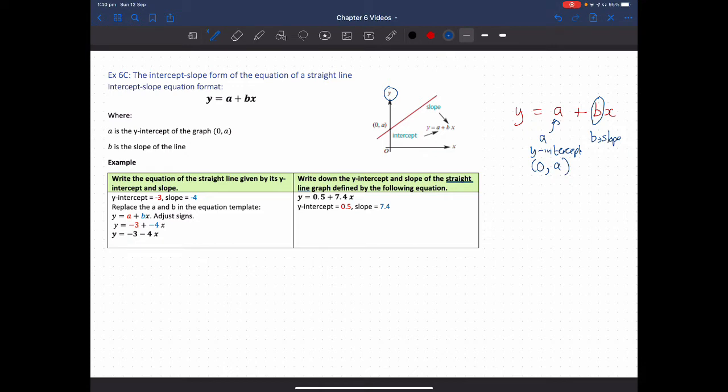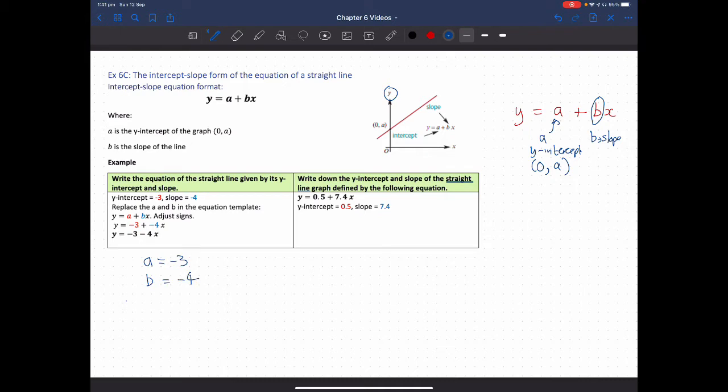The example here says, write the equation of the straight line by its y-intercept and slope. We have been told the y-intercept is -3. The y-intercept is what we are calling a, so a equals -3, and the slope is what we're calling b, b equals -4.